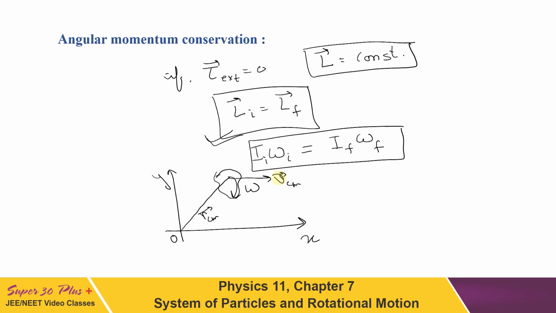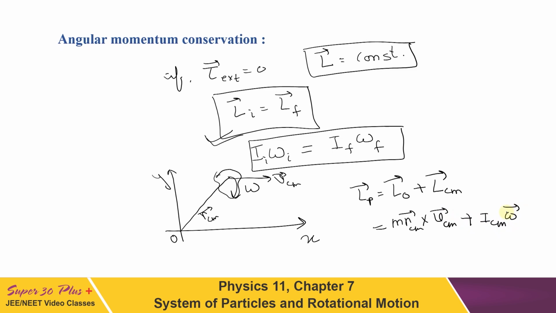If we have to write the angular momentum of a rigid body when the axis of rotation is not fixed, in this case we can write the angular momentum as the angular momentum with respect to O plus the angular momentum of the center of mass. And what will this term be? It has to be m RCM cross VCM plus ICM omega.